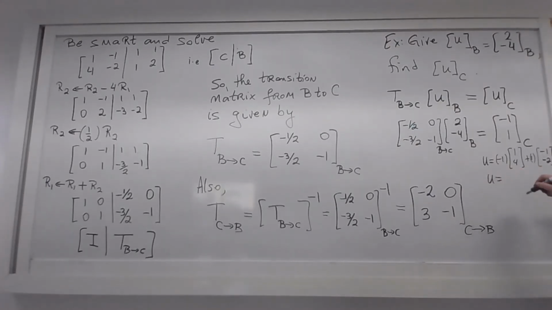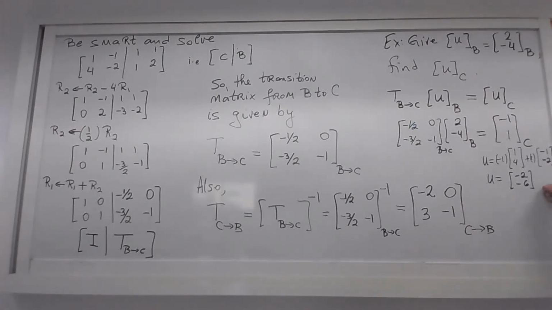So U is negative 1, that's negative 2, negative 4, and negative 2 is negative 6. So that's my guy. The vector U was negative 2, 6. Oh, you can get it from here also. It's 2 times 1, 1, plus minus 4 times 1, 2. Okay, so that's fine. If you compute, you'll get the same result, obviously.